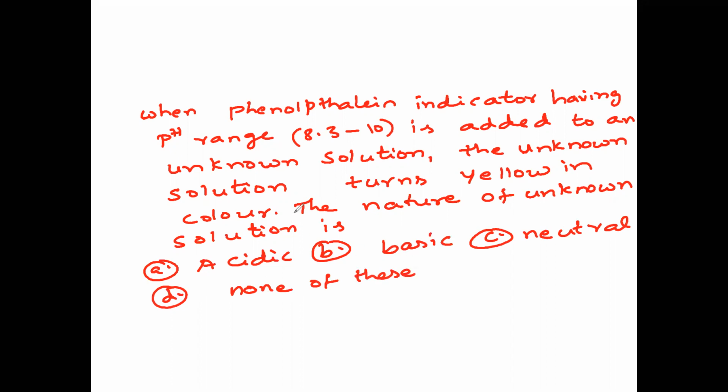Since we already know, when phenolphthalein indicator having this pH range is added to the unknown solution, the unknown solution turns yellow in color. So when phenolphthalein is added to a solution, if the solution turns yellow, we can say that it is a basic solution. If the solution is colorless, we can say that it is an acidic solution. So the answer is basic solution, option B. Like these questions, they'll frame in the examination.